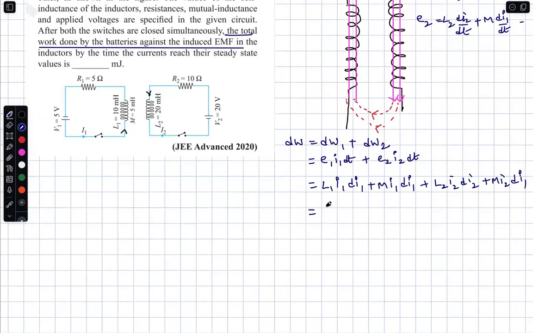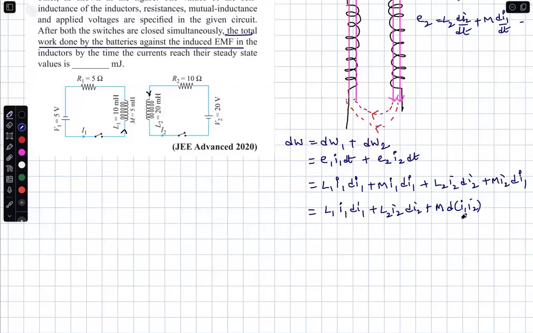So now this is L1 I1 di1 plus L2 I2 di2 plus, if you permit me, I will write this as M d(I1 I2). Now I am stopping here.